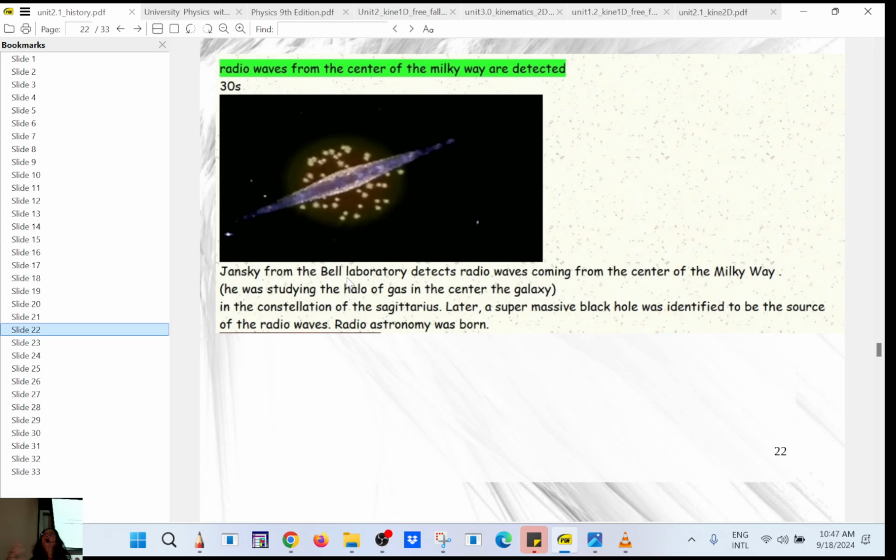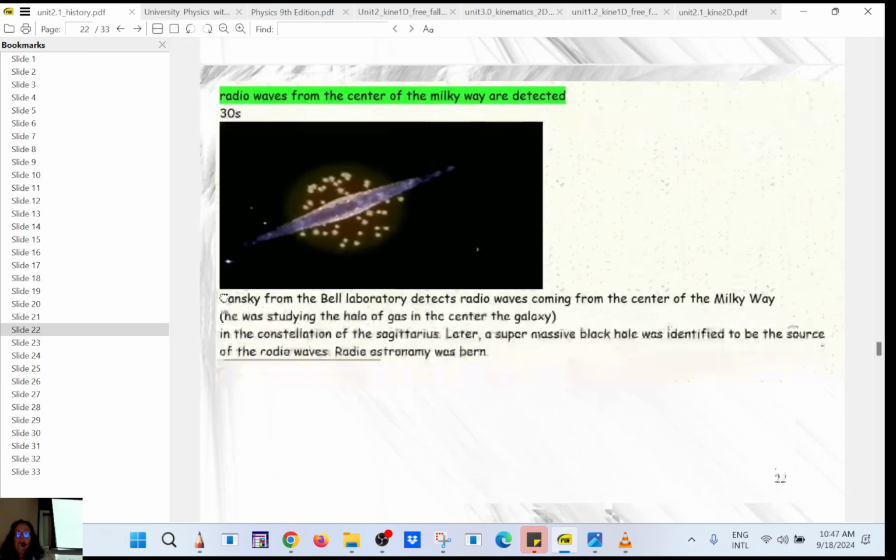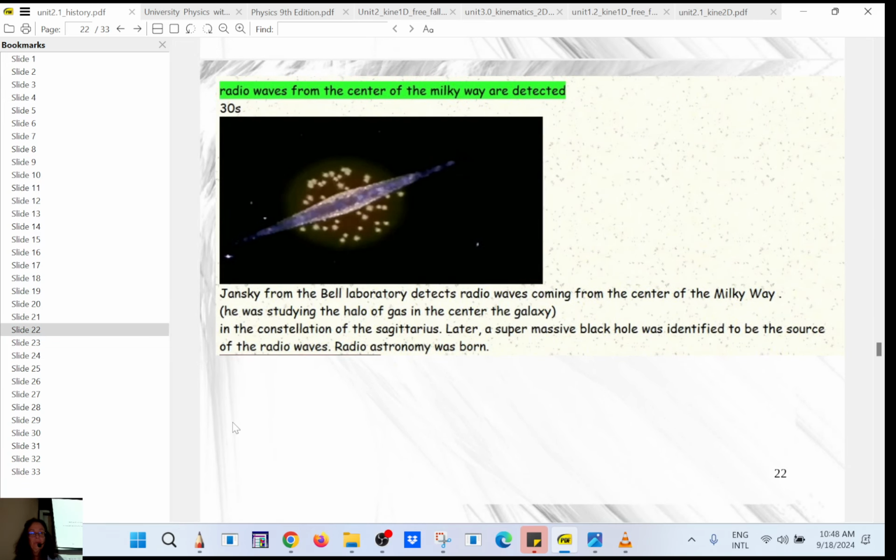So it belonged to the telephone company, AT&T. So they had a research lab, and engineers were working for them to get rid of the static. So static was an issue. So that's when the story starts. So I'm going to stop here, but that next step happened by chance.